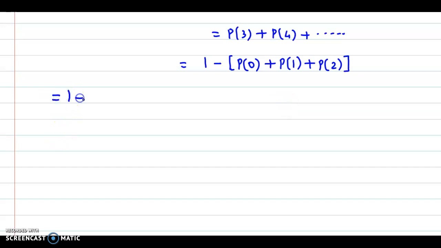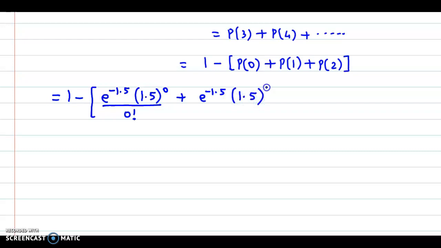So we have 1 minus e raised to minus m, that is e raised to minus 1.5 into m raised to x, x is 0 for the first case, divided by 0 factorial, plus e raised to minus 1.5 into 1.5 raised to x, x is 1, divided by 1 factorial, plus e raised to minus 1.5 into 1.5 raised to 2 divided by 2 factorial.